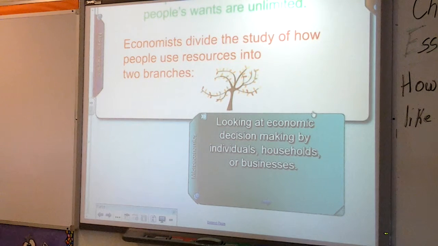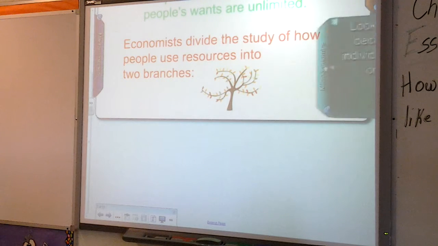Micro is a much smaller scale. Does everybody have this? All right.